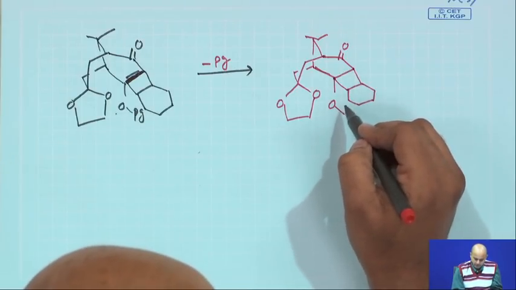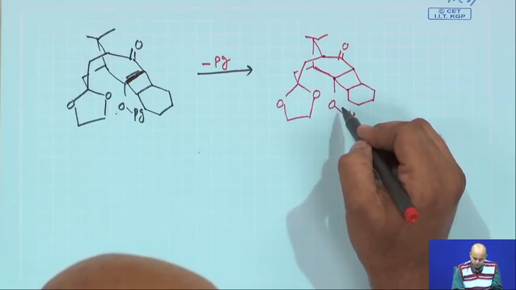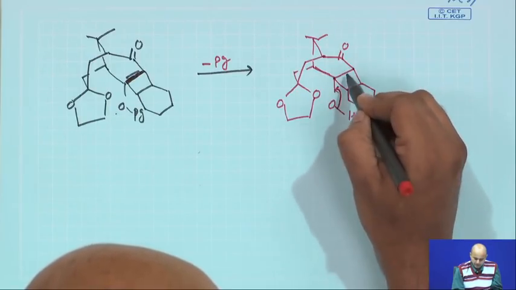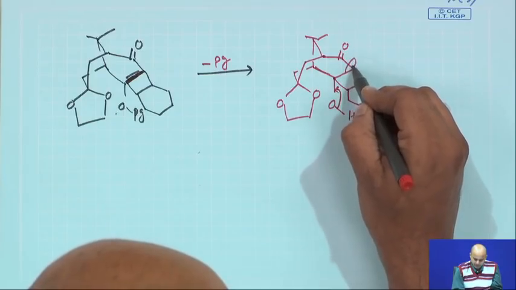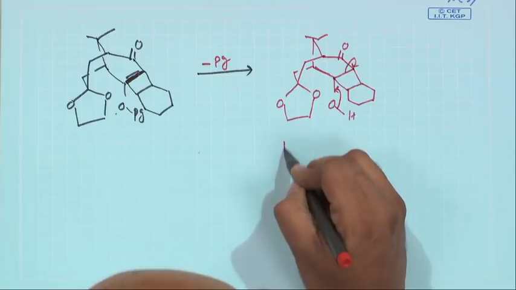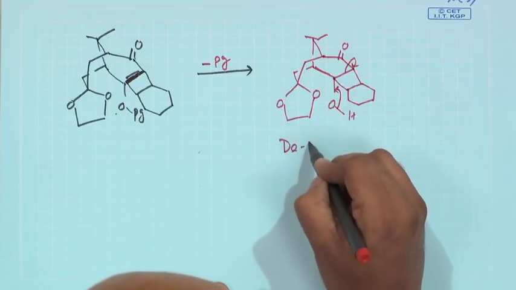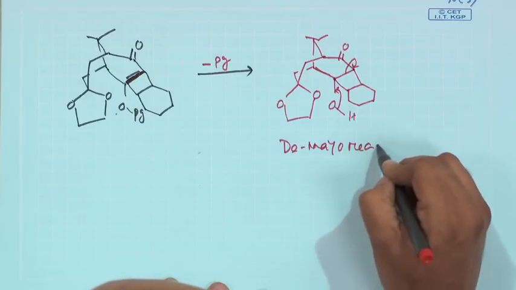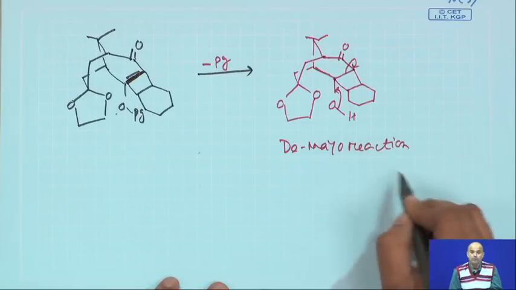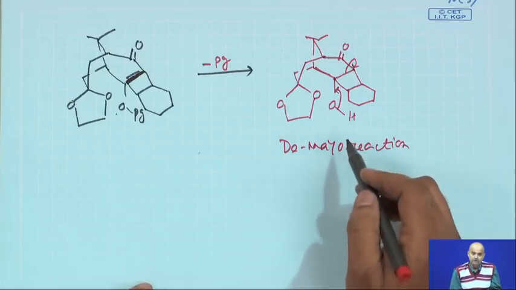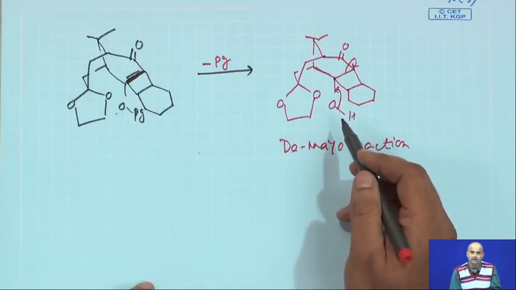Now, your retroaldol is switched on. So, retroaldol basically goes here and this bond cleaves. Now, this reaction we have started. This reaction is basically a DMAO reaction, a photochemical 2+2 reaction followed by retroaldol reaction for making a large number of rings. So, this reaction in principle we have studied earlier, but now we are applying it to a complex system.